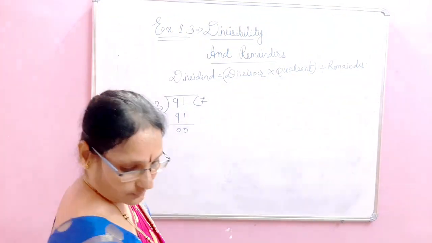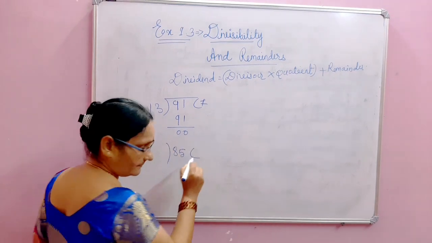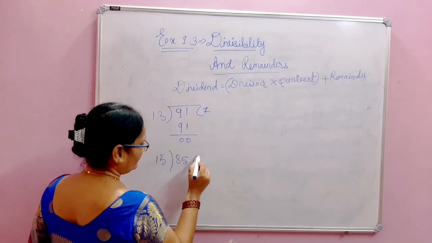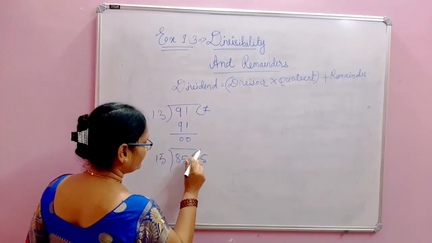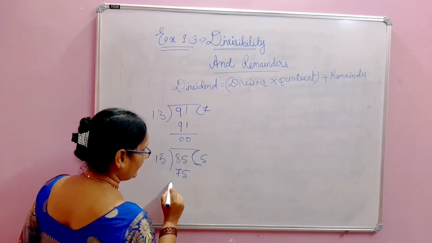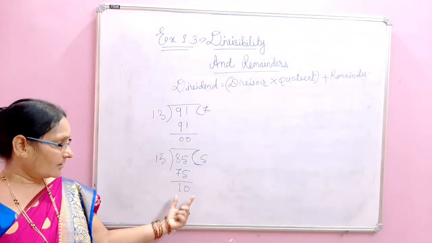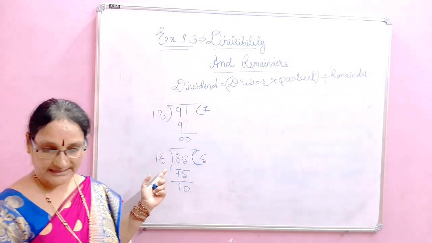Yes. Then one more example. I will take 85 divided by 15. 15 fives are 75. What is the remainder here? 10. Now you observe how the remainder is. Always the remainder will be smaller than the divisor.